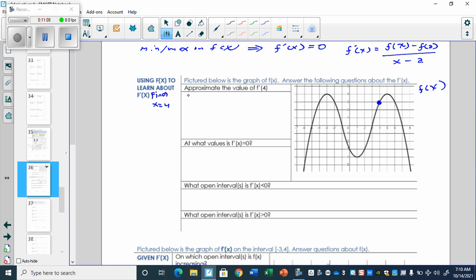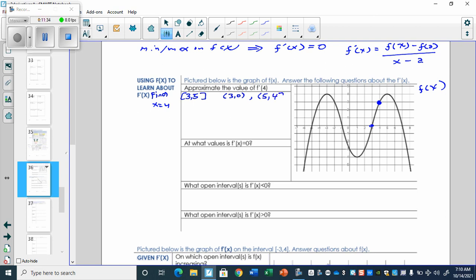So we look from 3 to 5, and I get those y values. At 3, we have 0. So we have 3, 0. And at 5, we have 4.